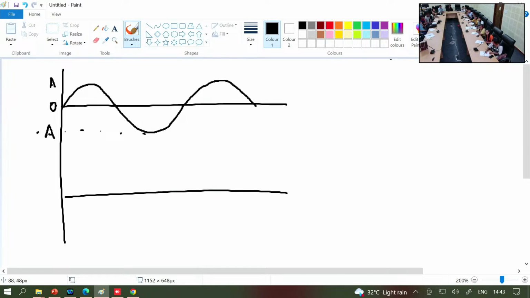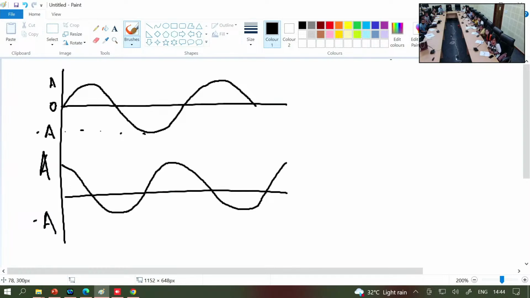Now, there is something else. If you are considering multiple waves together, suppose you have another wave like this. This is still A, this is still minus A. But then you will notice there is a shift: in this wave it is starting at 0, in this wave it is starting at A. This shift along the entire wavelength is referred to as phase.